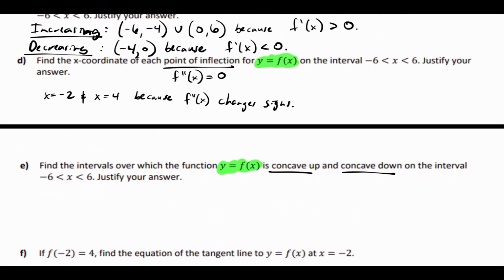Positive slope on f prime is going to equal concave up on the original.